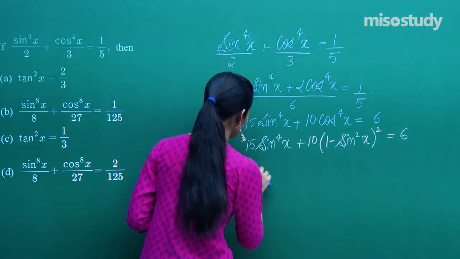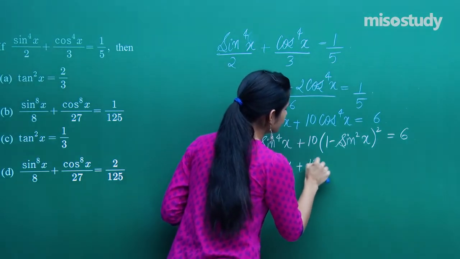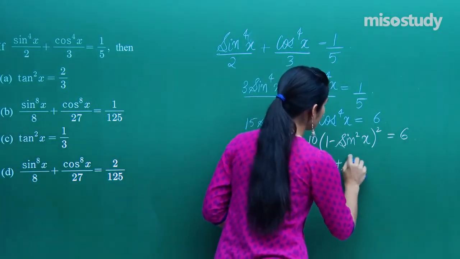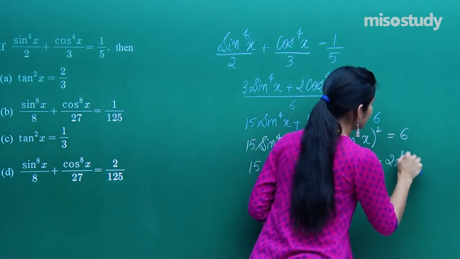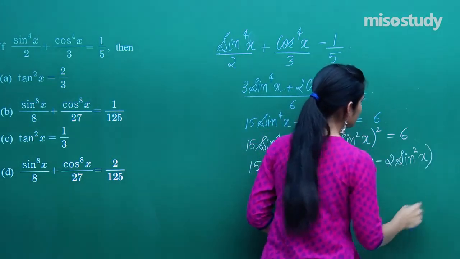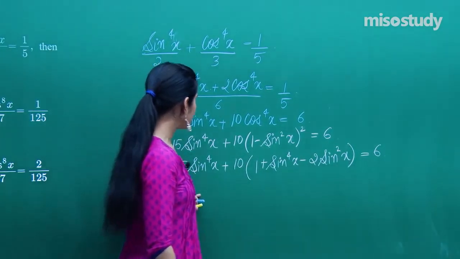So, this gives me 15 sine 4x plus 10 into a square plus b square minus 2ab equals 6. Fine. Now, simplify further.